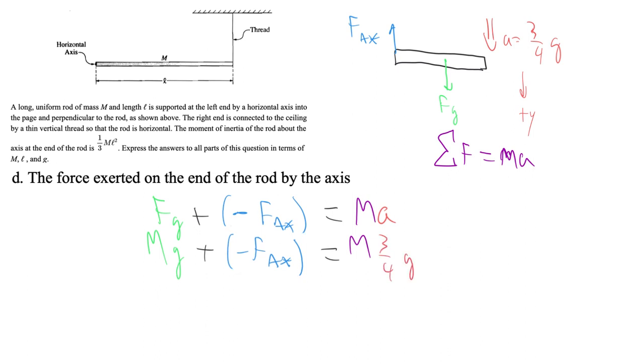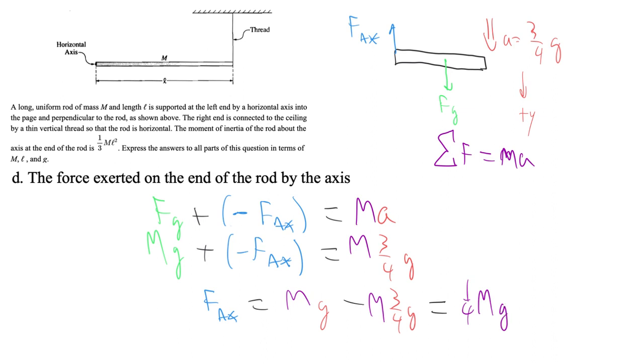Then we do a little bit of algebraic legerdemain. We bring this over to this side and this over to this side, and we end up with Fa star is mg minus m 3/4 g, which is pretty easy to process, being in the end 1/4 mg, or 1/4 of the weight.